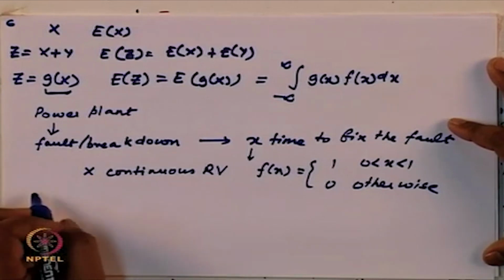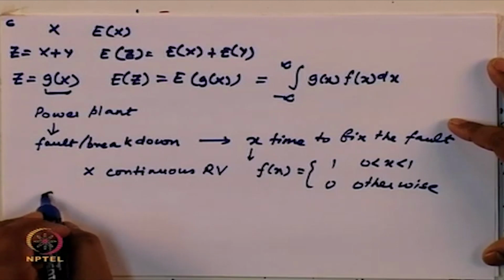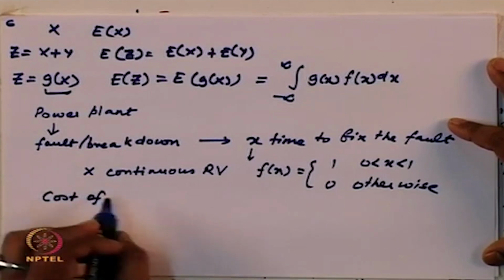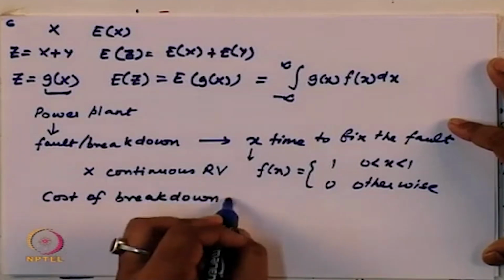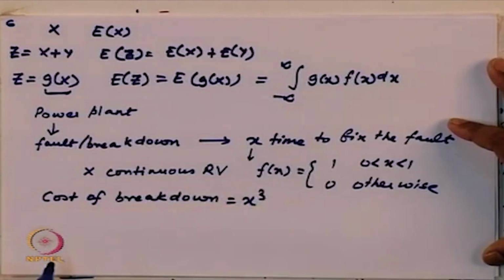Now, let us say there is a cost associated with this breakdown. The cost of breakdown is x cubed. So, the question is, what is the average cost of breakdown?